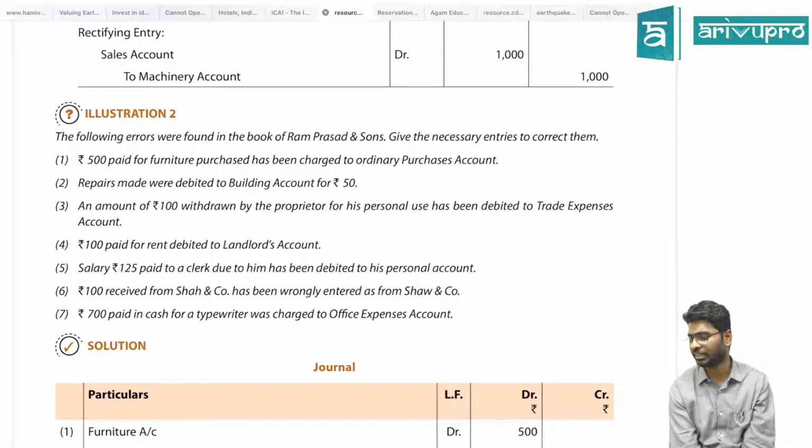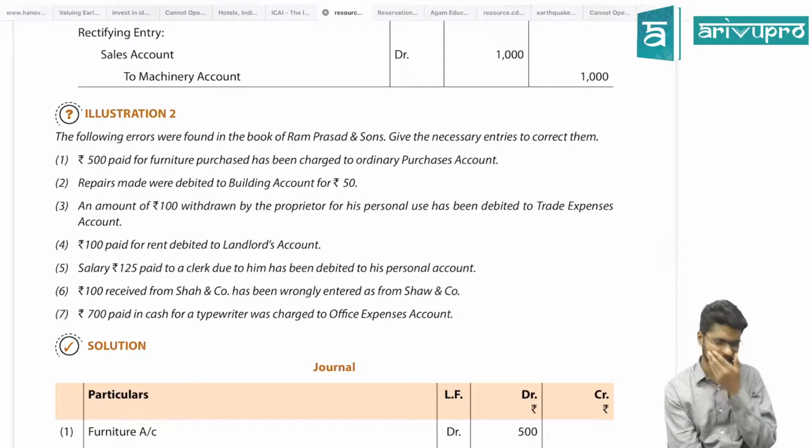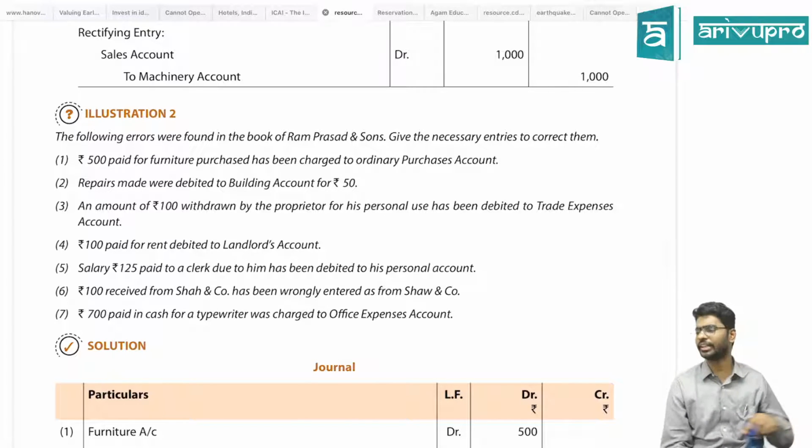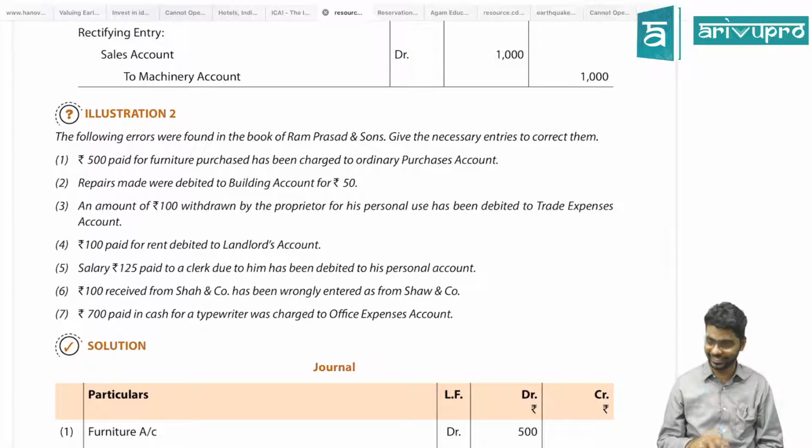So the wrong entry is landlord to cash. Sorry, what am I saying? Correct entry is rent to cash. Wrong entry is landlord to cash. Rectification entry will be rent to landlord.